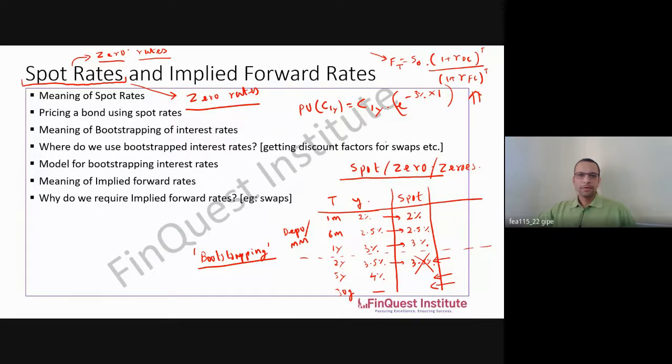Okay. So coming to our next point, pricing of bonds using spot rates or zero rates. Up till now, whatever bonds we have taken are vanilla bonds or very standardized bonds. In the price versus yield relationship which we studied the last time, we had bond price equal to C upon the respective yields.